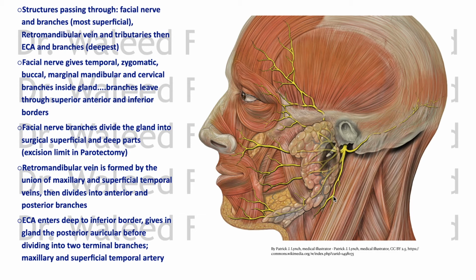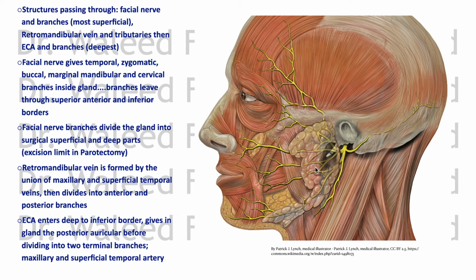The posterior division of retromandibular with the posterior auricular form the external jugular vein, while the anterior division of retromandibular goes with the facial vein to form the common facial vein on its way to the internal jugular vein. Okay? So the anterior division with the facial to form common facial, posterior division with the posterior auricular to form the external jugular vein. This is the retromandibular vein, which is the middle structure in the substance of the parotid gland.